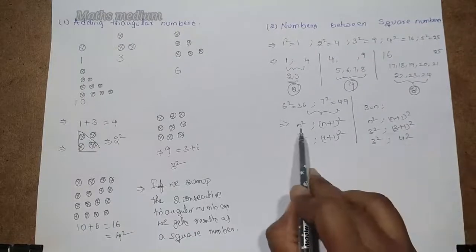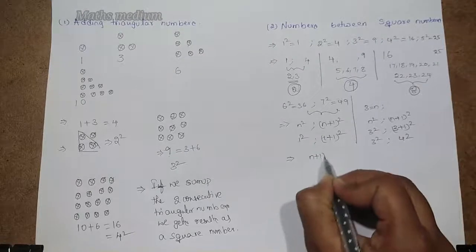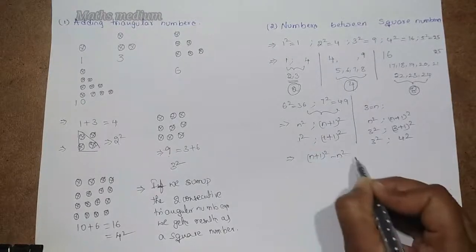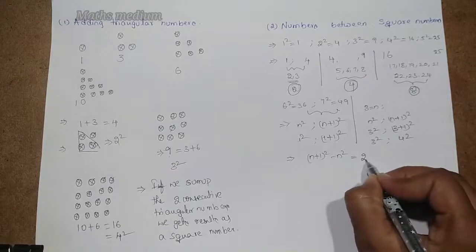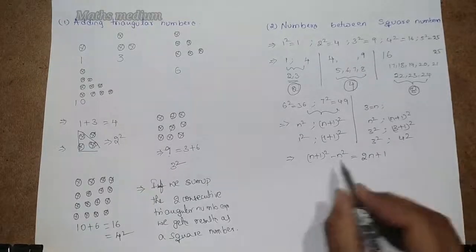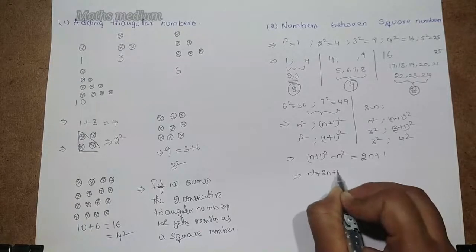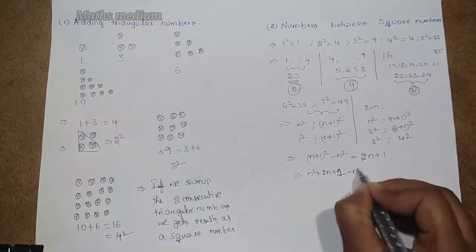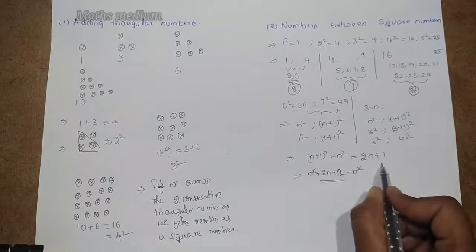If the numbers are n square and n plus 1 square, the difference is n plus 1 whole square minus n square. If you solve this, we get 2n plus 1. Here n square plus 2n plus 1 minus n square, the n squares cancel, and 2n plus 1 is the answer.